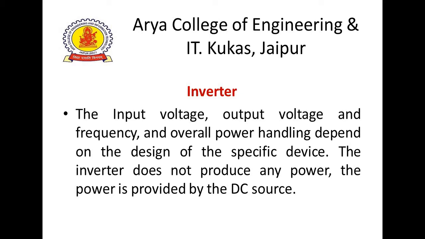The input voltage, output voltage, frequency and overall power handling depend on the design of the specific device. The inverter does not produce any power. The power is provided by the DC source.